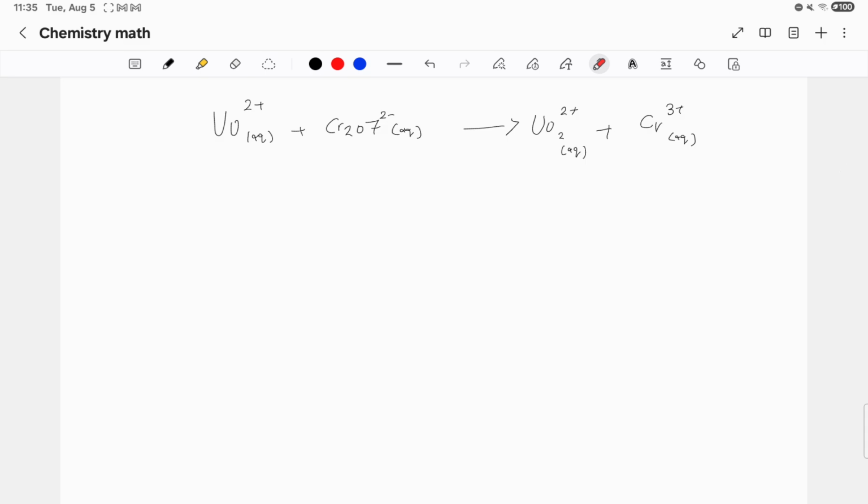Now, let's figure out what is getting oxidized. In order to understand what's getting oxidized and what's getting reduced, you have to remember the definition of oxidation and reduction. I like to remember OIL RIG, where OIL stands for oxidation is losing, and RIG stands for reduction is gaining. Losing or gaining what?